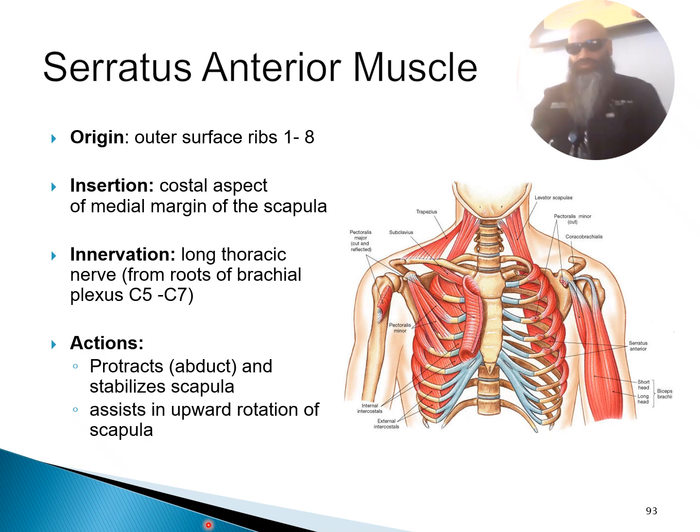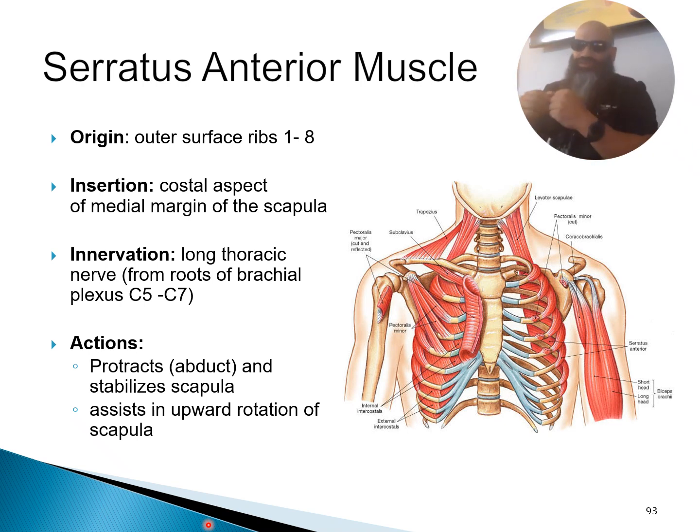When I say protraction, that's abduction. What is abduct? It's going away from the midline. Remember this from the scapular exercises we did? That's your serratus anterior. It's basically pulling your scapulas away from your spine. That's called protraction or abduction.